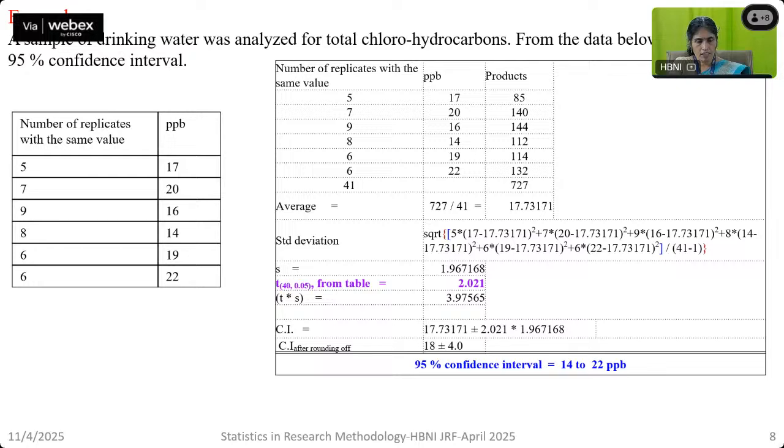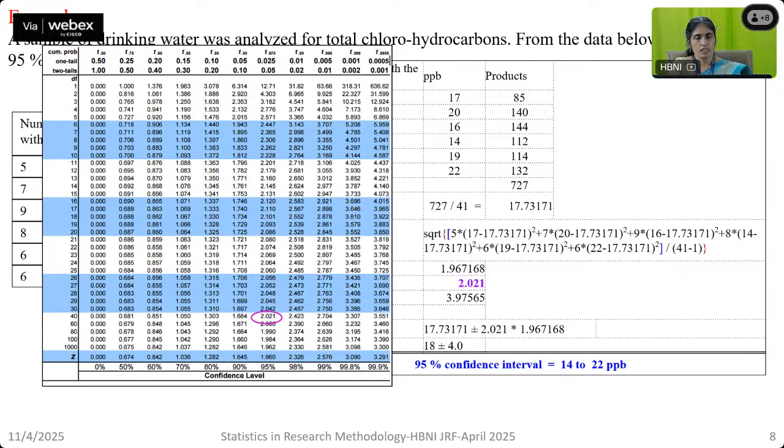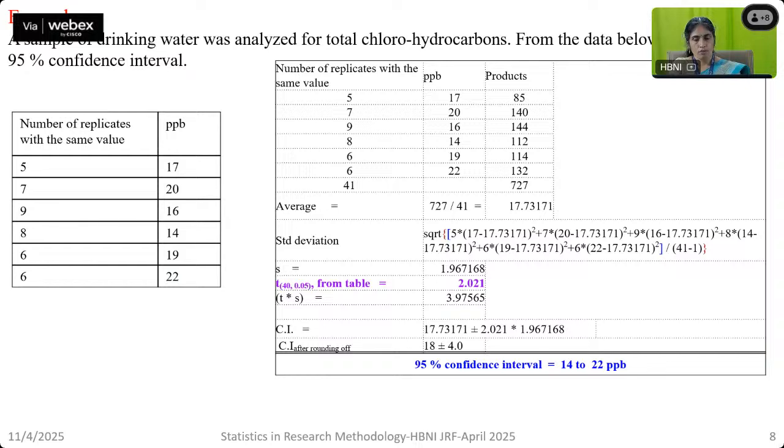Further, from the T table, the critical value of T is 2.021 for 40 degrees of freedom. There are 41 measurements, so 41 minus 1, that is 40, will be the degrees of freedom. Then you apply the equation: confidence interval equals x plus or minus Ts.